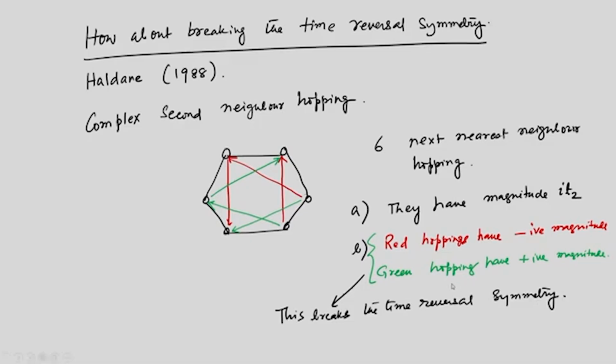Let me just show very briefly why it does and how it does. If you remember, current, which is of course a vector, is written as minus i e h cross by 2 m, where e is the electronic charge, times psi star del psi minus psi del psi star.